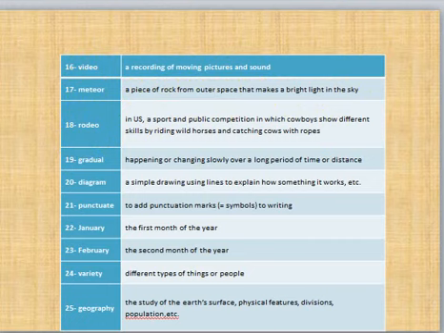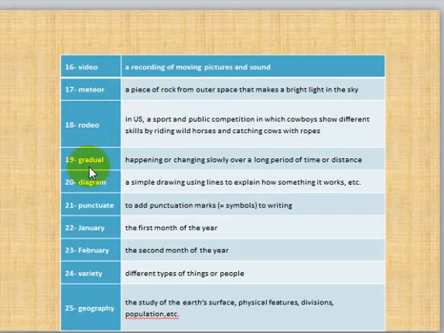Number 18, rodeo. In the US, a sport and public competition in which cowboys show different skills by riding wild horses and catching cows with ropes. This is the name of this sport.